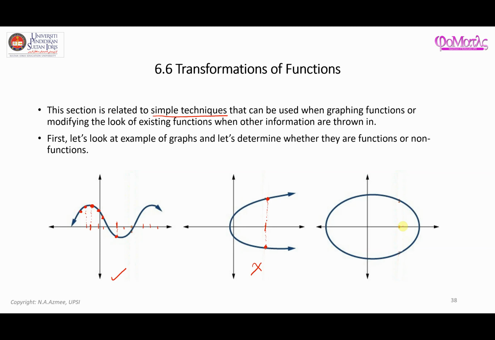Similarly, if for example this is my input, the output of this is given by either this point or this point, and because of that, this is also not a function. A function requires you to have only one single output for each input.